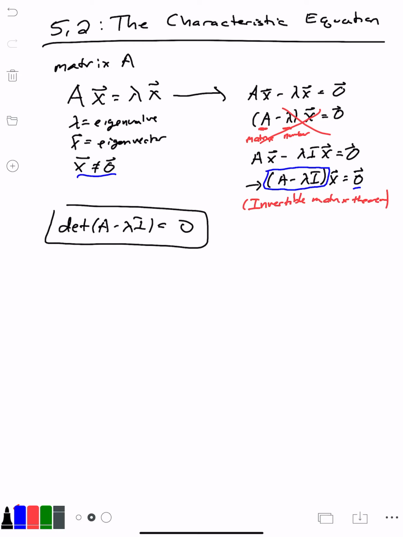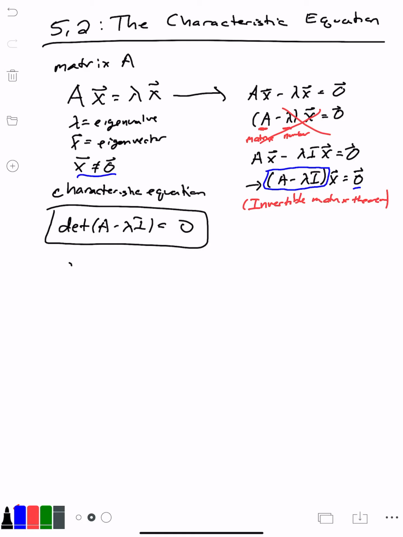And this right here is what's called the characteristic equation. And this right here is exactly how you're going to find eigenvalues for a problem.